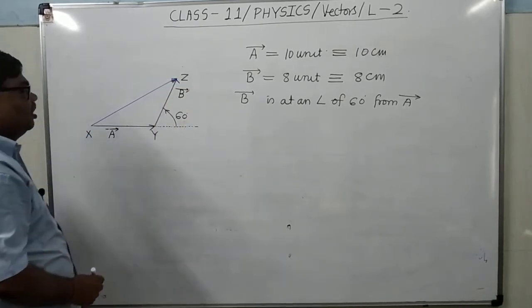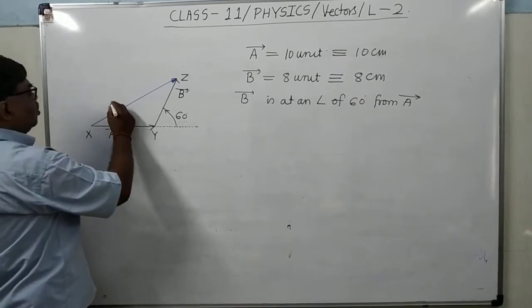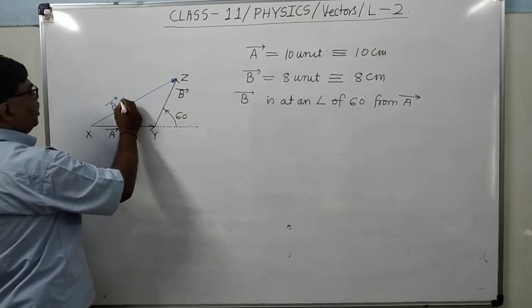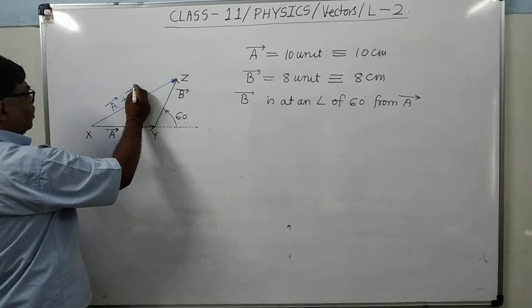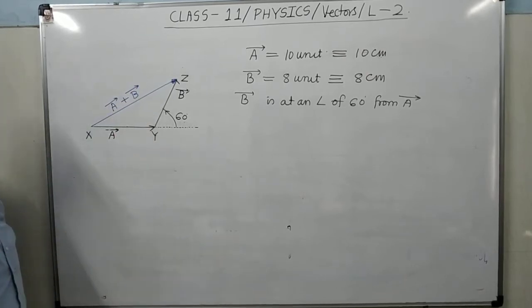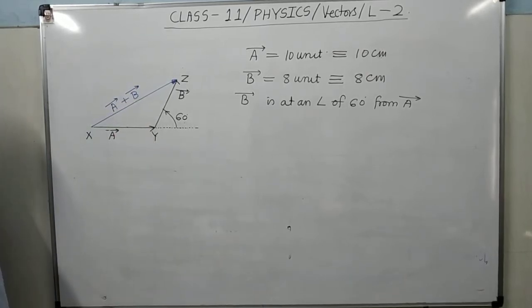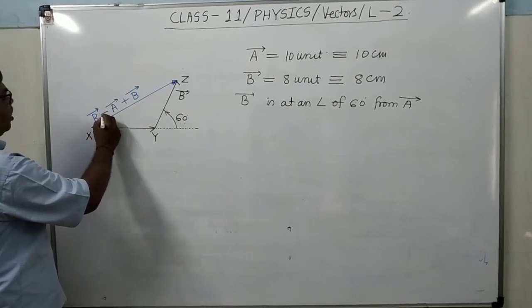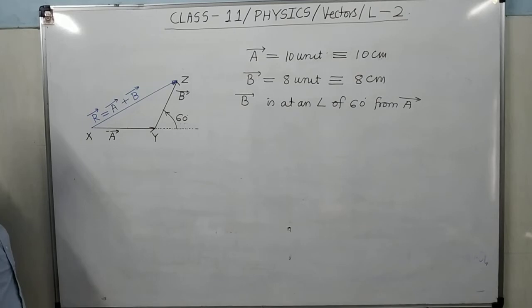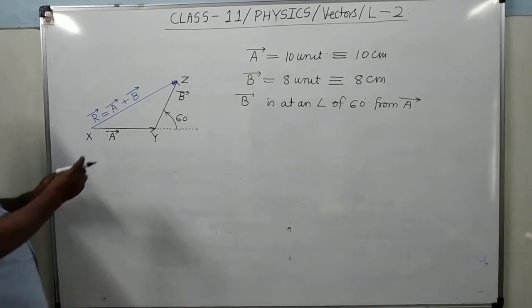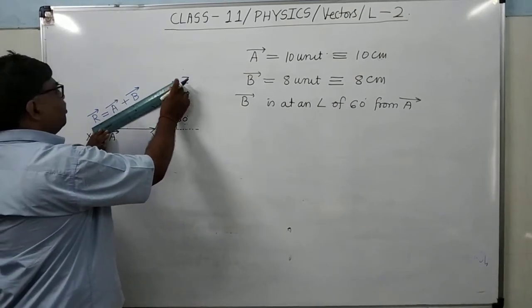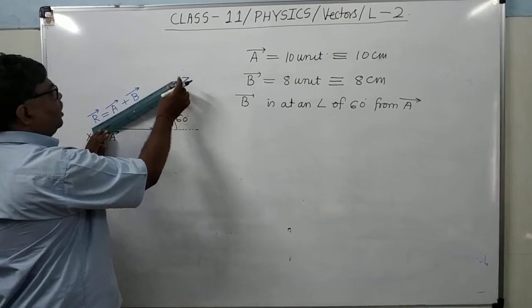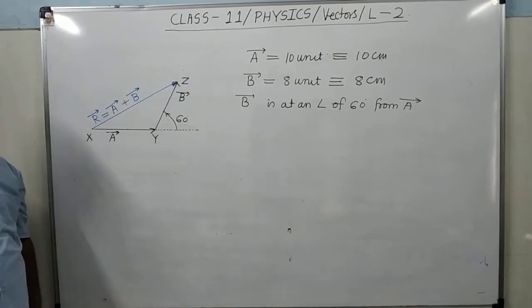This will be equal to vector A plus vector B. This will be the resultant, which you can write as vector R. Now how will you measure its magnitude? Magnitude can be measured by measuring this length and then converting according to the scale.